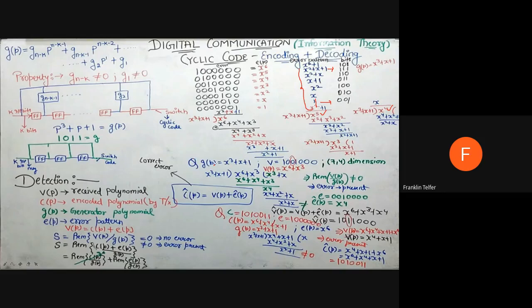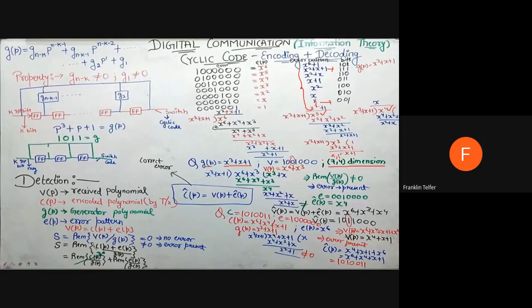So first question, g of x is equal to, let us take the generator polynomial as x cube plus x plus 1. Okay, and we will have r as the received polynomial as 1001000. Under the dimension they have given n comma k, this we already saw in our previous class, 7 comma 4.